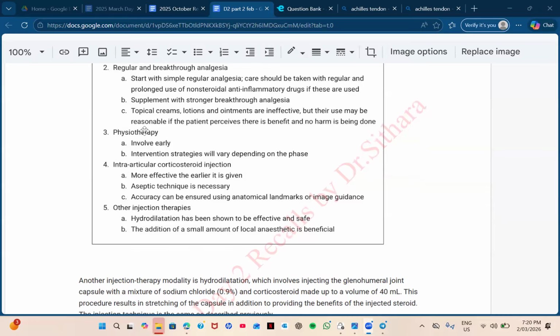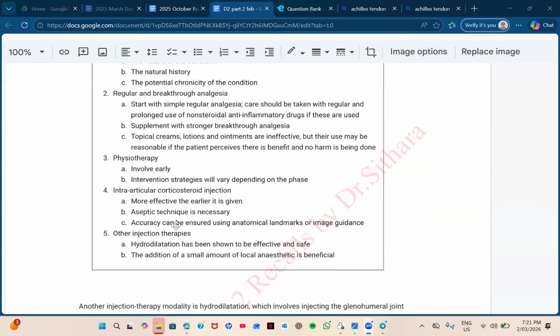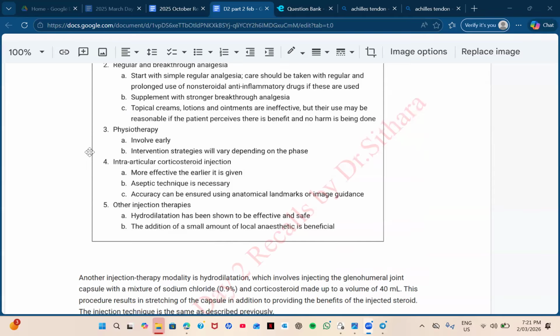Then we have, okay, we have tried analgesia and physiotherapy. Both are not working. Then we can go with intra-articular corticosteroid injection. If it's also not working, then we have the last option, other injection therapies. The main one they are asking is hydrodilatation.